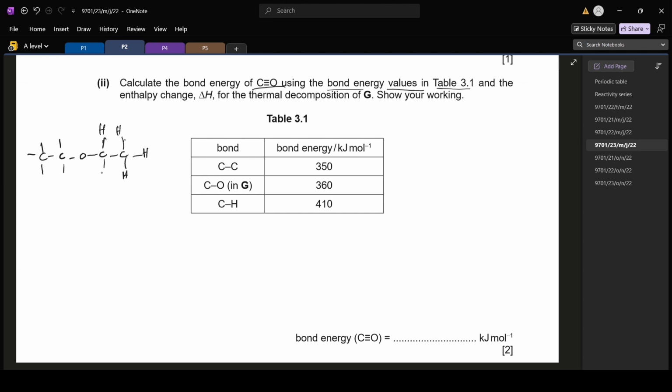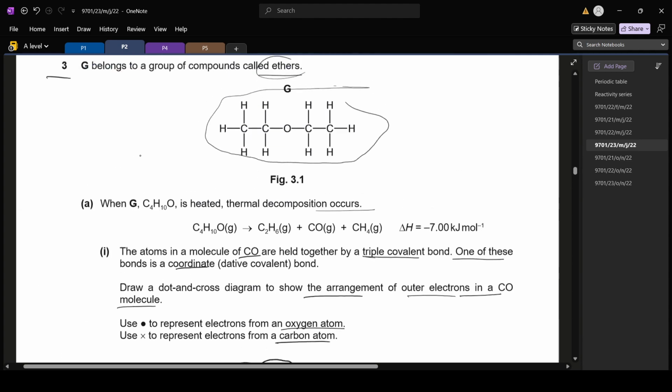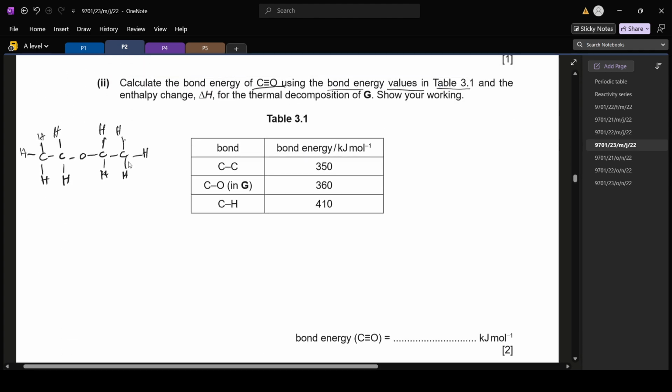This is the structure of ether G, and it has two carbon-carbon bonds.